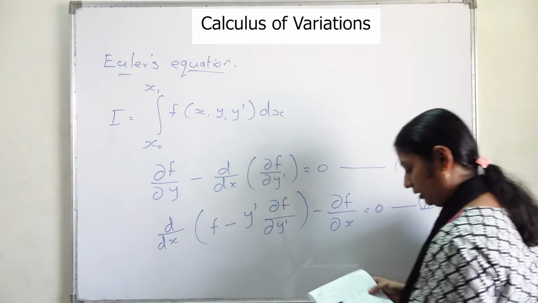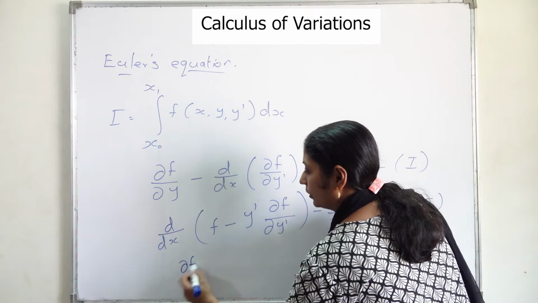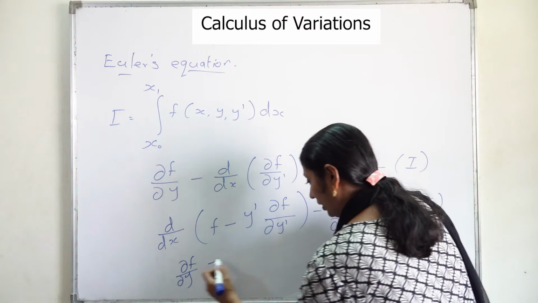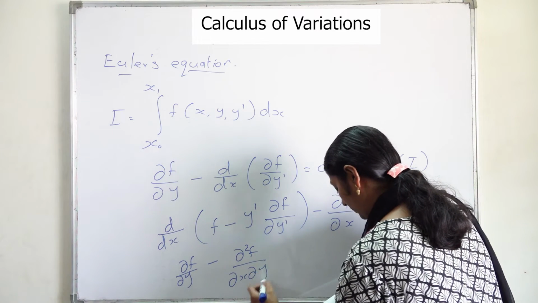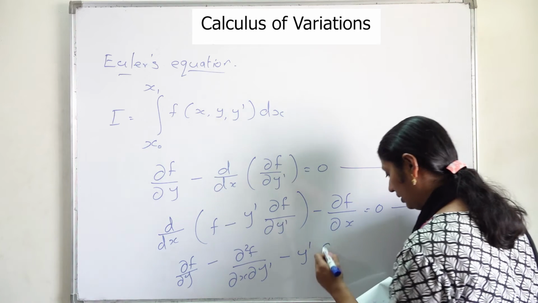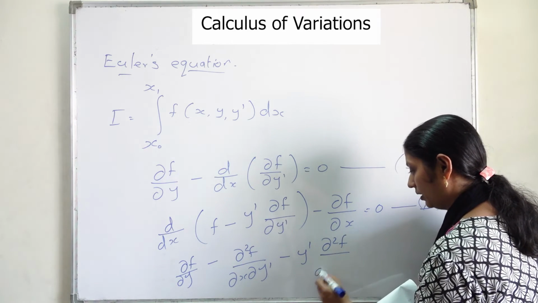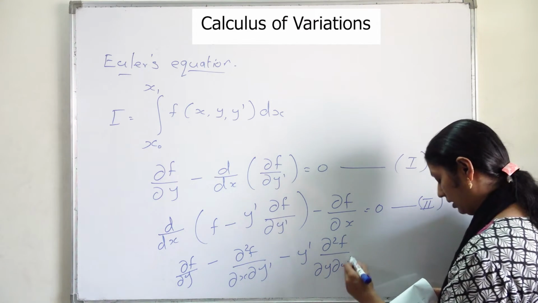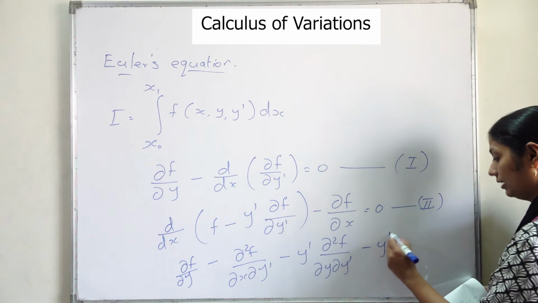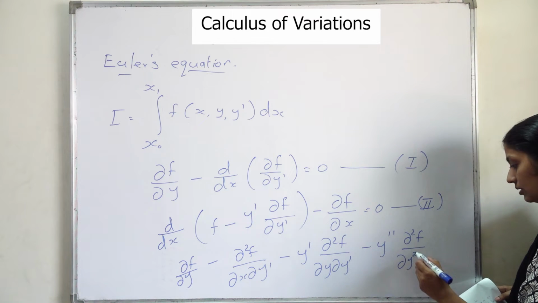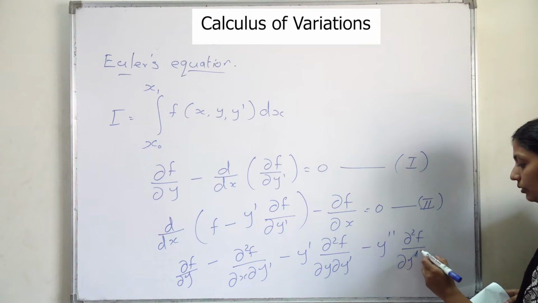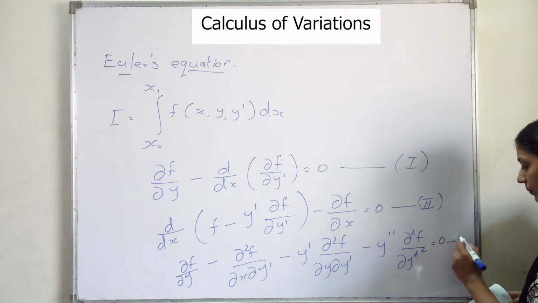And the third form of the equation is given by ∂f/∂y − ∂²f/∂x∂y' − y' ∂²f/∂y∂y' − y'' ∂²f/∂y'² = 0.